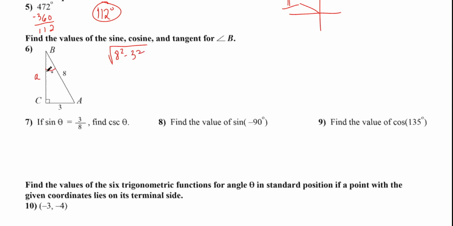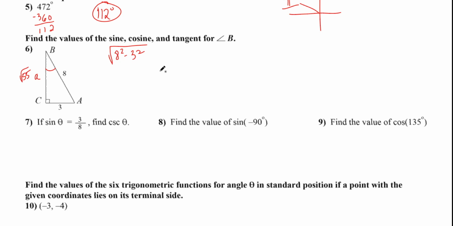Yeah, 8's the c. I'm just trying to streamline it, make it a little quicker and easier than writing out the whole thing from the beginning. You've done Pythagorean theorem enough to know if you're trying to find one of the legs, you take the hypotenuse squared minus one of the legs squared, take the square root. And you can put the number, what is it, square root of 55?